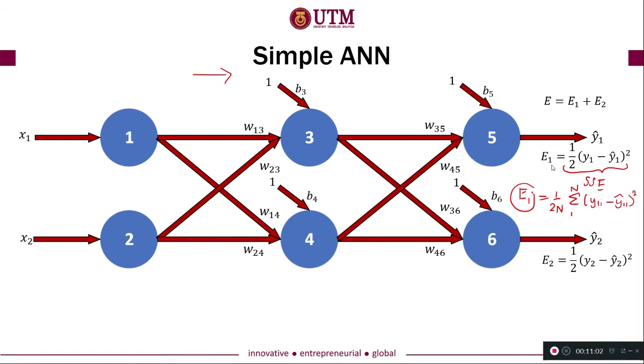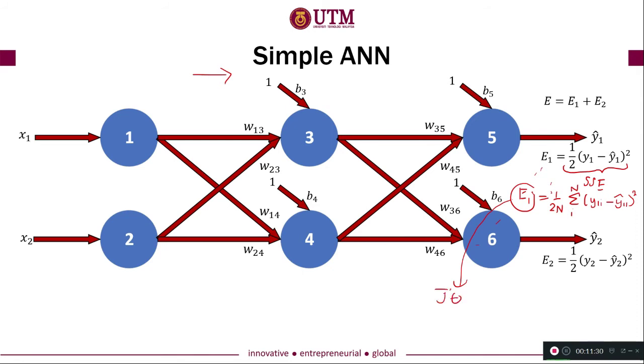So what is the difference in the definition of the cost function between the linear method and the artificial neural network? If you talk about the linear method for classification or regression, the cost function E is directly defined as your J theta.